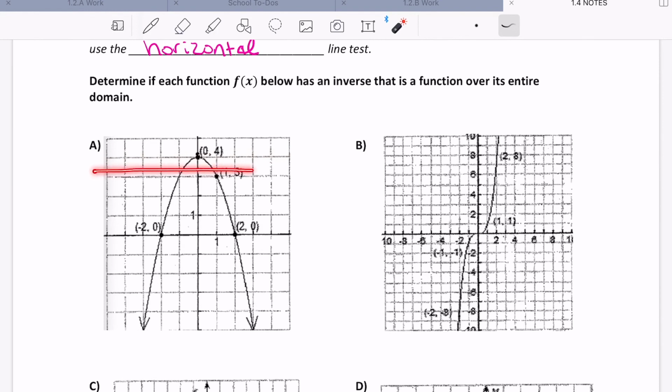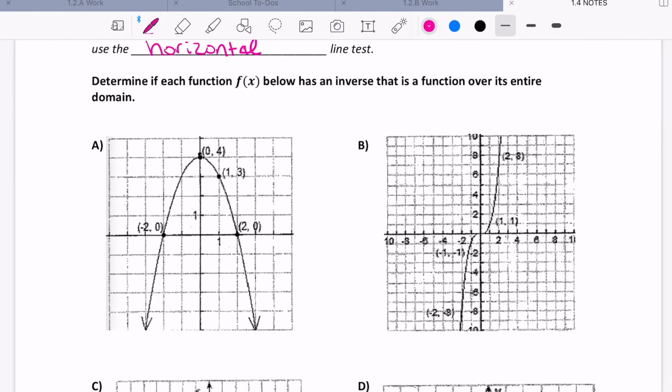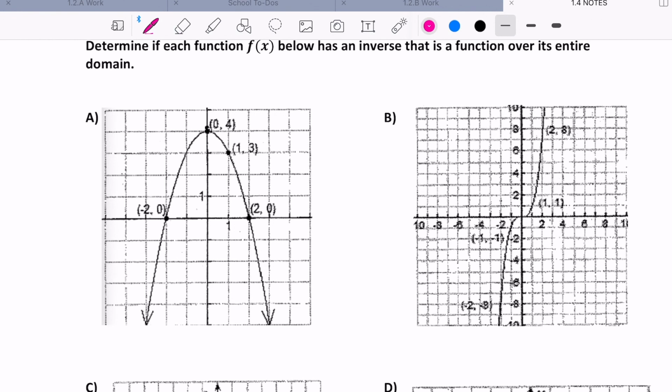But once we continue downwards, our function is now touching that horizontal line at 2 different points, and it will continue for the remainder of the function as we go down. So in this case, the inverse would not be a function. So inverse is not a function because it fails the horizontal line test.